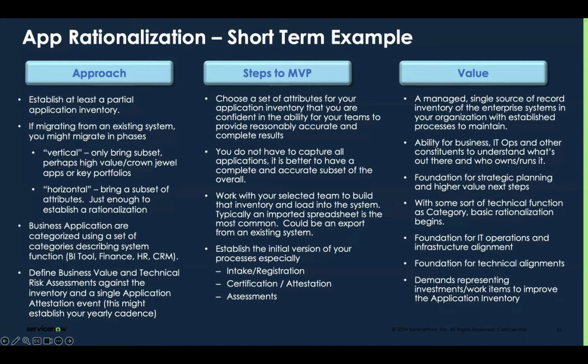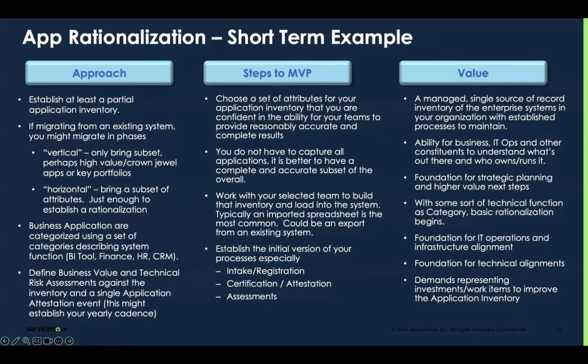Just understand you don't have to get everything before you can begin. You can get a subset, start to work with it, and grow your program. Categorize them, define what they do, and then define business value and technical risk so that we can start to do simple rationalization.